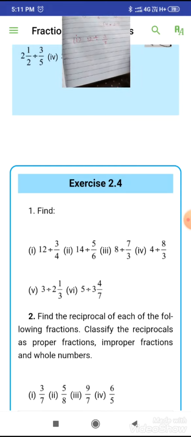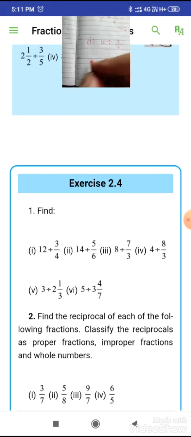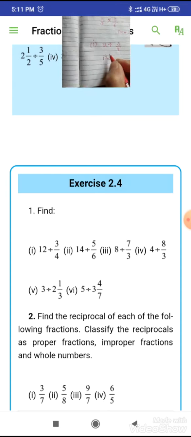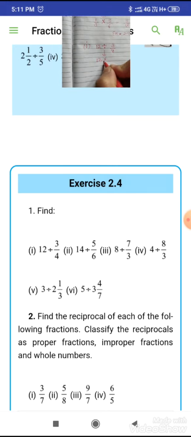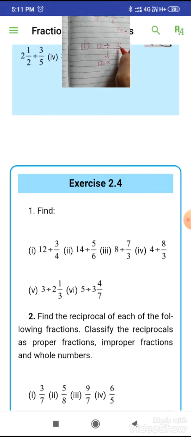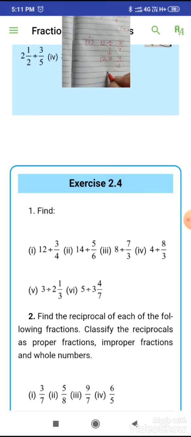As I explained the process, first we write first number as it is, then we convert this division sign into multiplication sign, and then we write the reciprocal of the second fraction or number. So here is 3 by 4 and reciprocal of 3 by 4 is 4 by 3.